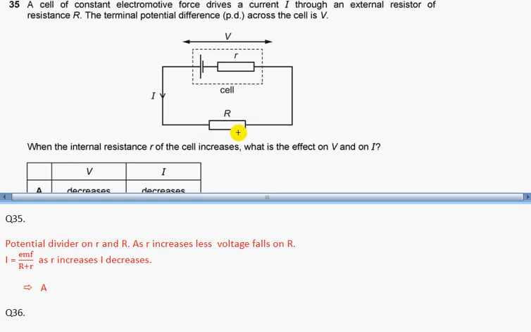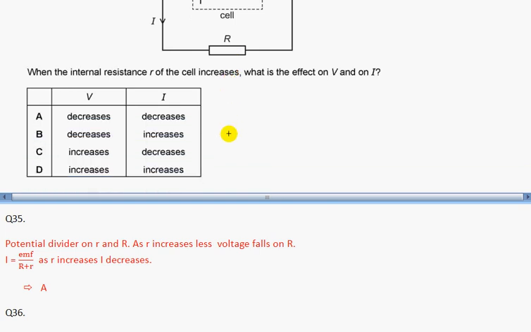So voltage on R decreases because we have potential divider r, small r, big R. If small r increases, big R is getting less voltage. So we get decrease, decrease. It is choice A.